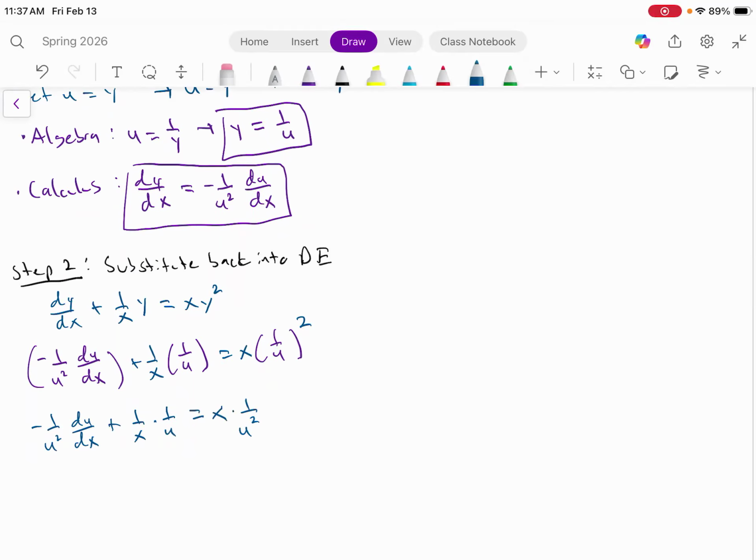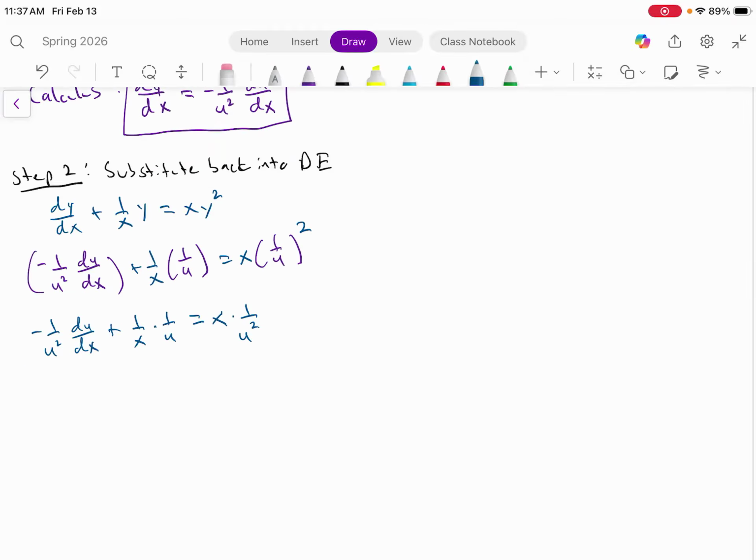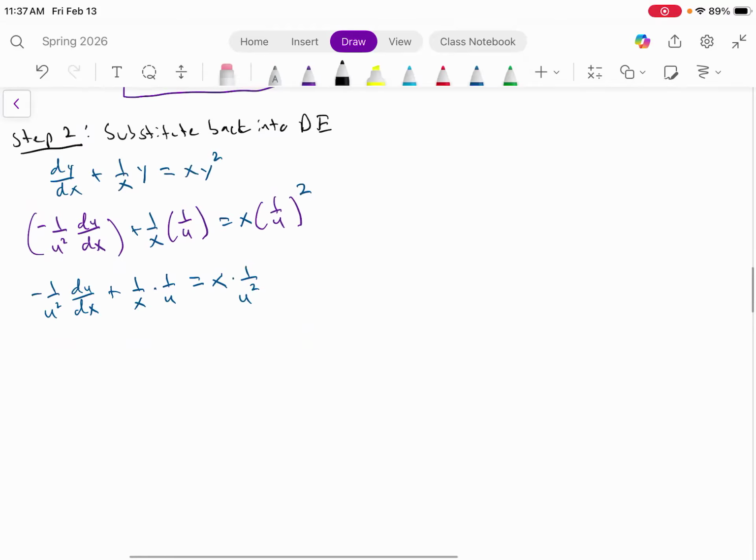I'm going to keep some things separate. Okay, so we've substituted, and now the third step we're going to do is utilize our linear equation method and solve it like a linear equation. Okay, so step 3, we'll call that linear equation time.